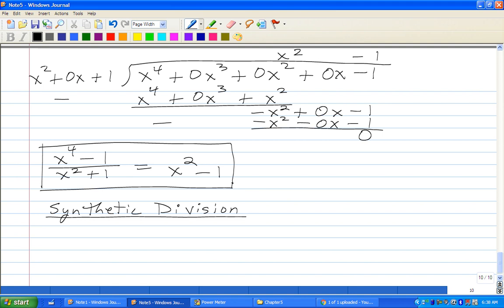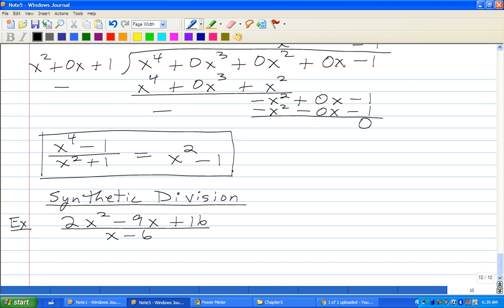And so suppose I want to do the following example. Let's divide 2x squared minus 9x plus 16 by x minus 6. That's a big number, but let's do that.